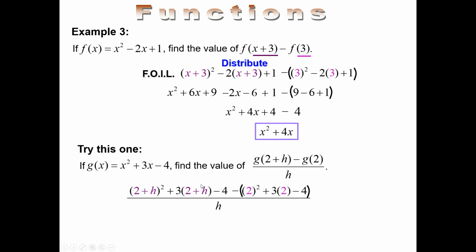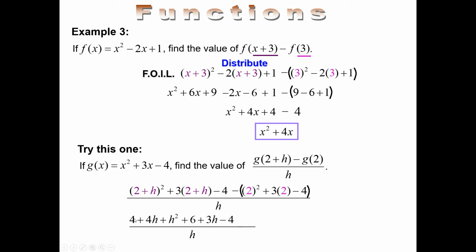And this will be 6 plus 3h minus 4, and then this will be 4 plus 6 minus 4. So again, this part is the g of 2 plus h. There's the minus sign. This is g of 2, and then it's all over h.